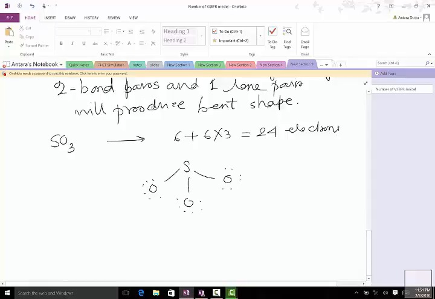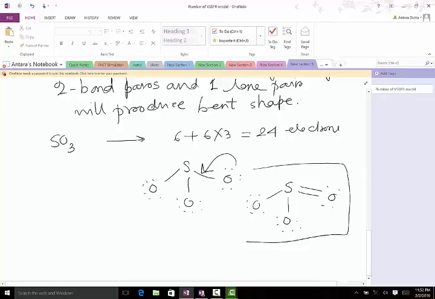So that means you have to bring a lone pair from one oxygen atom to achieve the octet for sulfur.